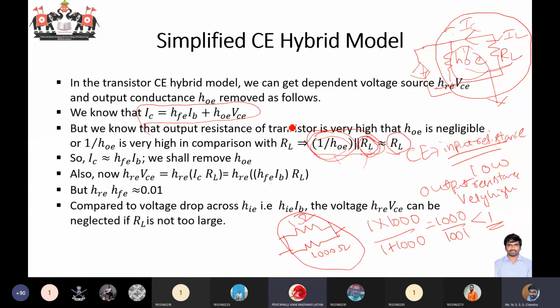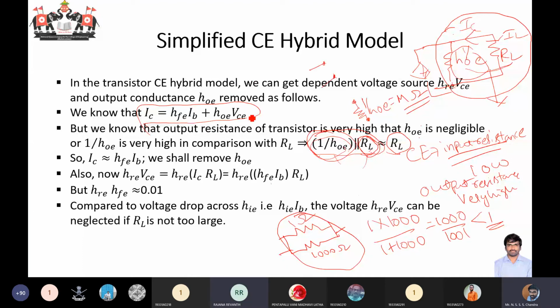So I can say that HOE is a conductance such that 1 by HOE is a very large value. For practical concerns, I can consider it to be an open circuit. What is the resistance of an open circuit? It's infinite, right? So if the 1 by HOE value is in mega ohms, can I consider it to be an open circuit?